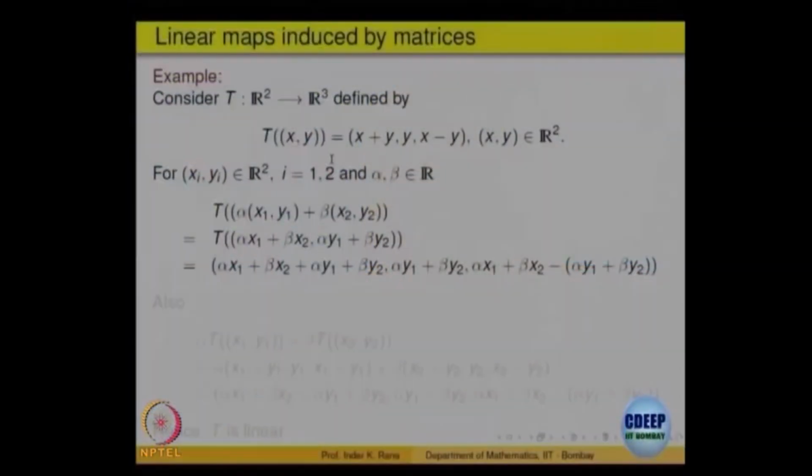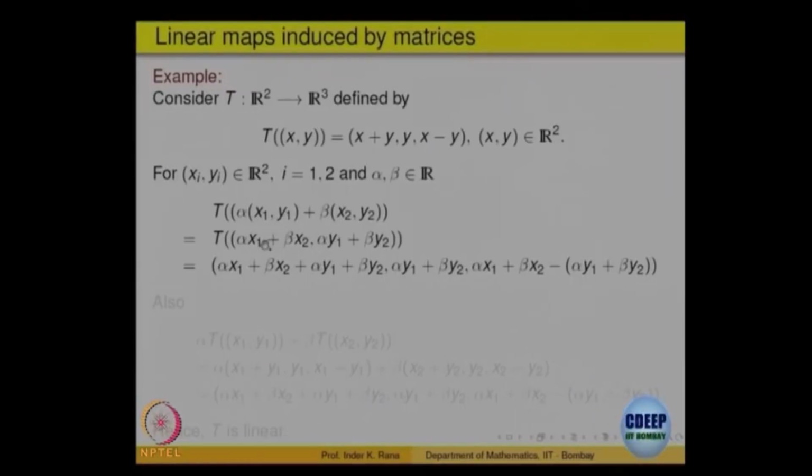Those two should be equal, then it will be a linear map, right. So, to verify this, let us look at T of alpha x1, y1 plus beta of x2, y2. These two vectors are added, right, with scalar multiples. T of that we want to compute. So, first what we do is we add these two vectors here anyway, right.